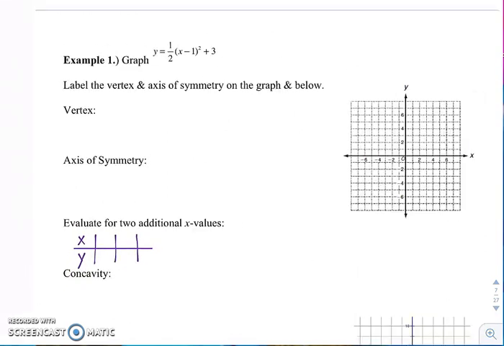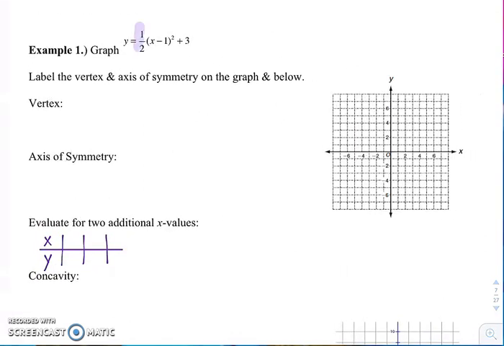Well, because our a value is positive, we know without even graphing it or doing any work that it's going to open up, so it's going to concave up. Now it doesn't ask, but if it concaves up, that means it's going to have a minimum value.